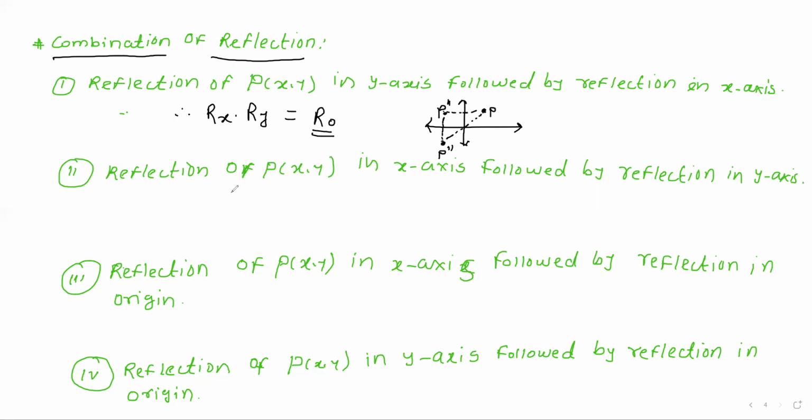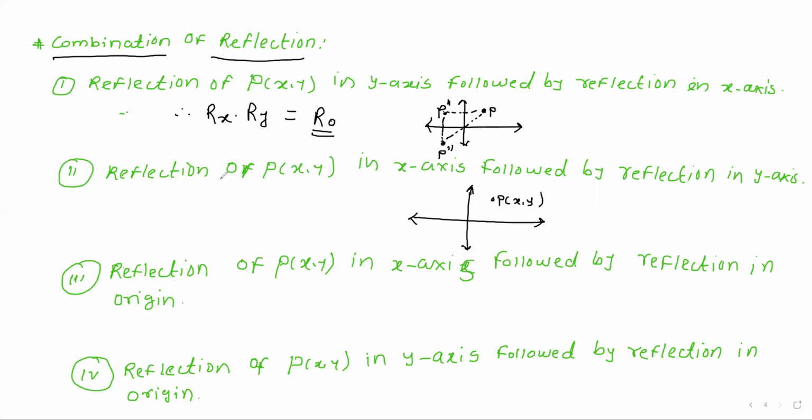Next point is reflection of P in x axis followed by reflection in y axis. Again let's draw the coordinate axis, and the point is here, suppose P x y.